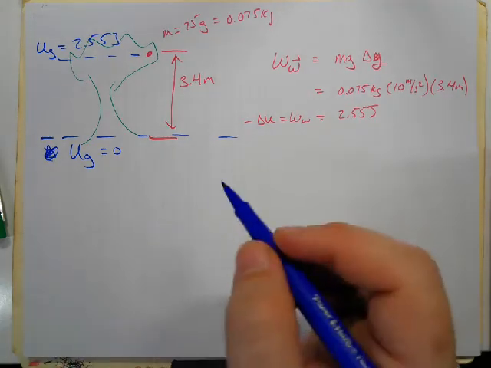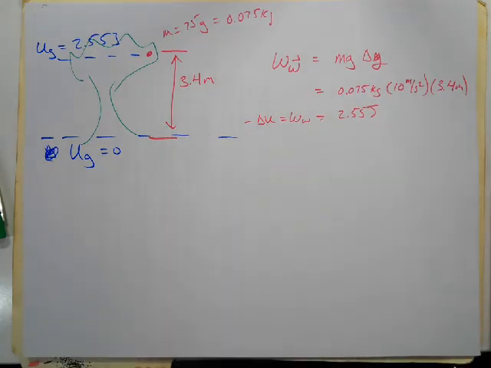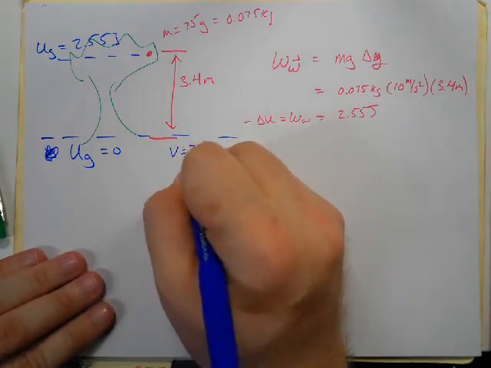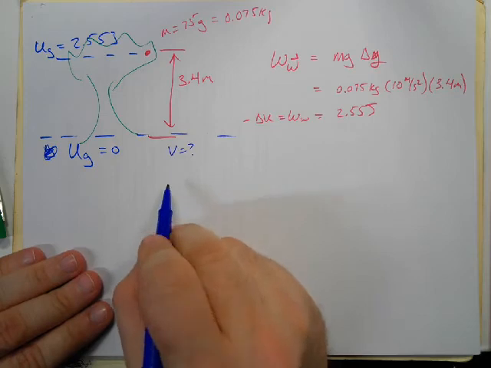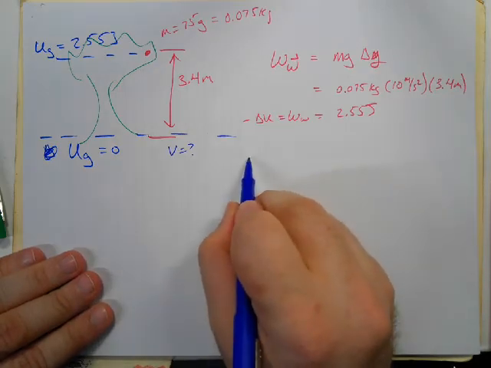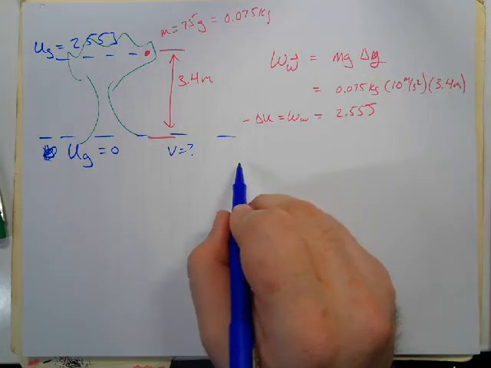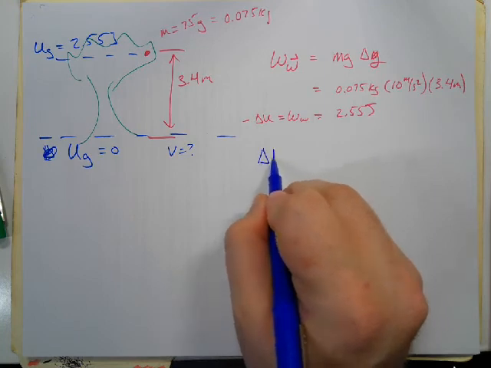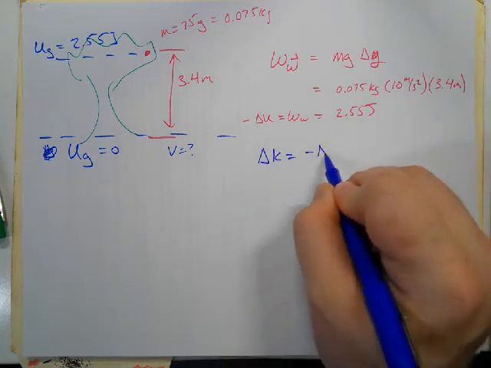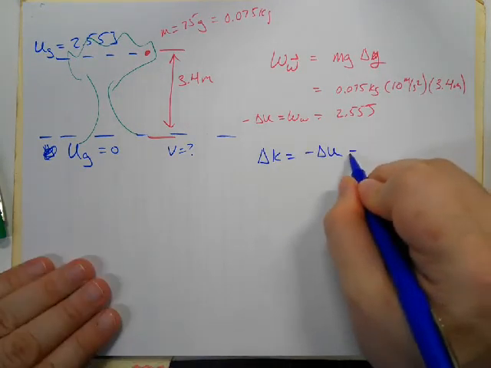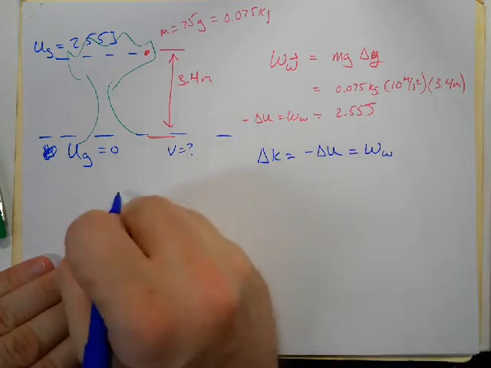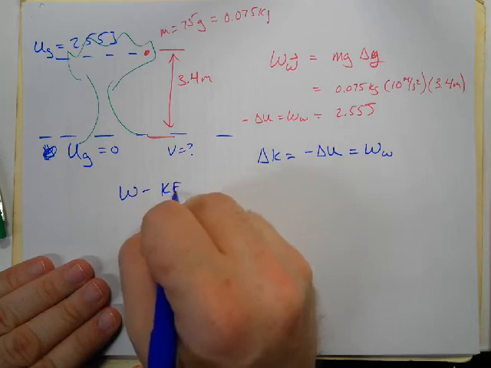So we can go back and say, well, what is the speed of the object? What is v here? Well, that's going to be based on the change in kinetic energy, right? And the kinetic energy changing should be the inverse of the potential energy, which is just the work that the weight force does. This is just applying the work kinetic energy theorem.